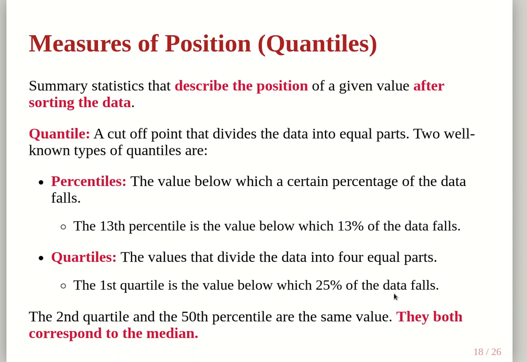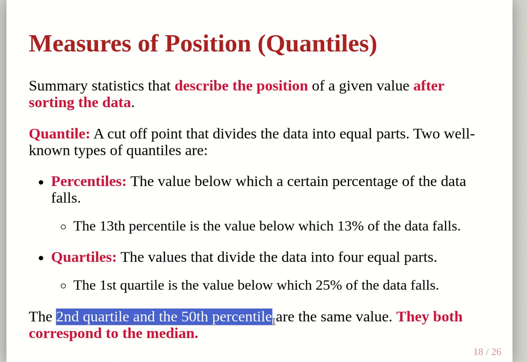And hopefully you have realized this: because the percentile divides the space into 100 pieces, so that we can say something about percentages, and the quartile divides the space into 4 equal pieces, the second quartile and the 50th percentile are going to mean the exact same thing, because the second quartile captures the first 2/4 of the data, so that's the same as 50% of the data.